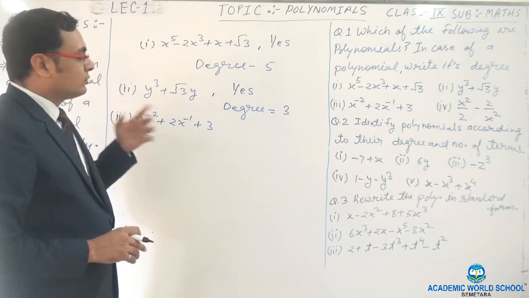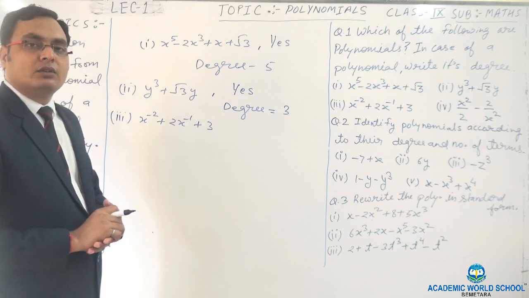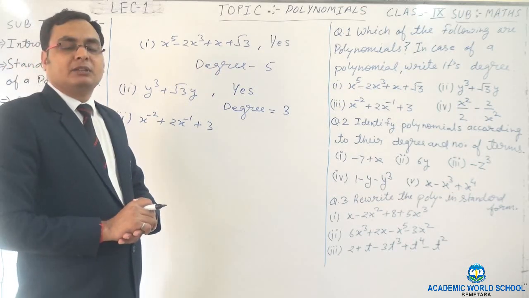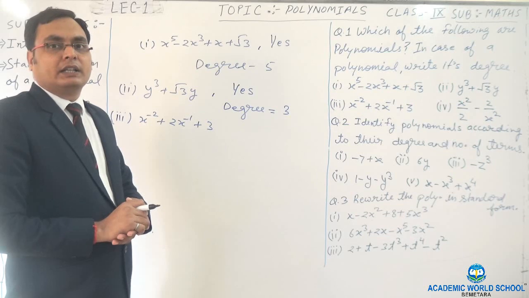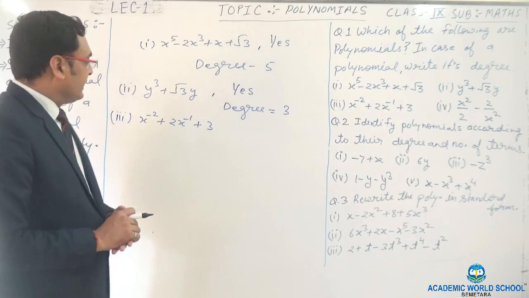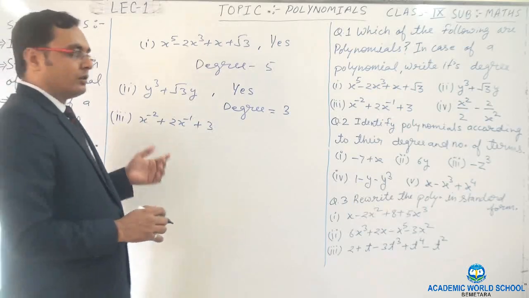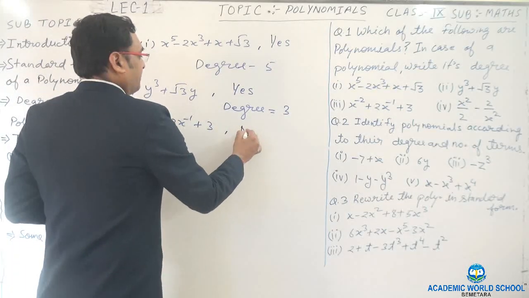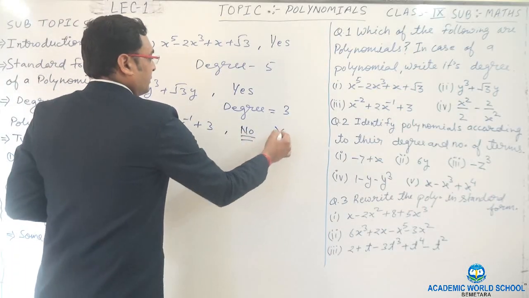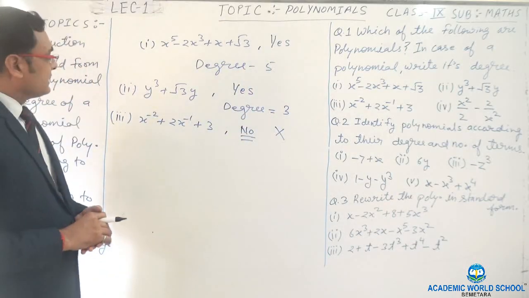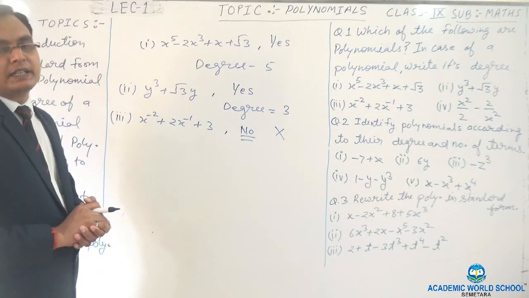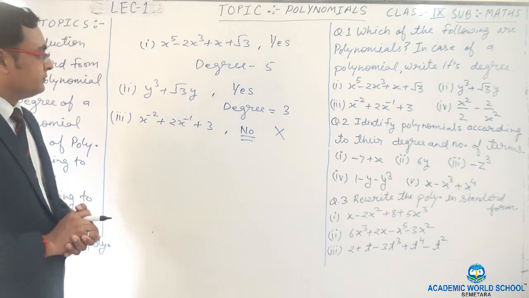Exponents are minus 2, minus 1, and we know the exponent of the variable may be only a whole number. It cannot be a negative integer. So it is not a polynomial. No. Because the degrees are negative integers, which is not possible.